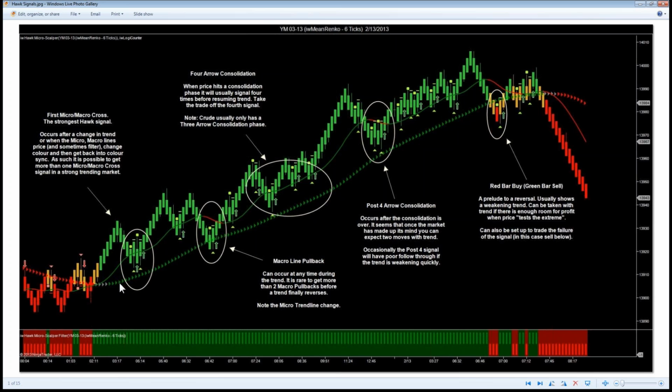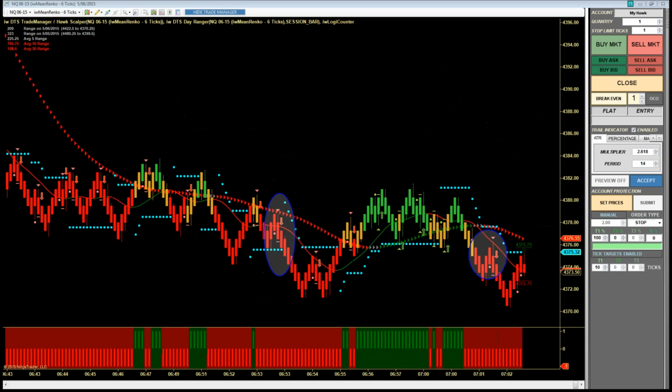We're going to look at things like first micro-macro crosses, macro pullbacks, 4-arrow consolidations, post 4-arrow consolidations, which coincidentally also developed to be a macro pullback, and red bar buys or green bar sells. So these are the primary signals that we're looking for on our Hawk. And we have comparable signals that we trade for our Falcon and Eagle as well.